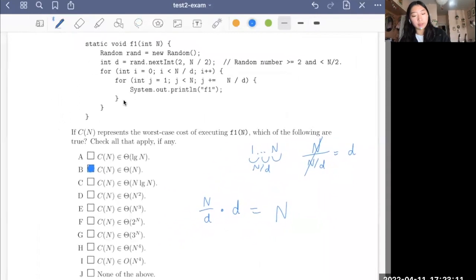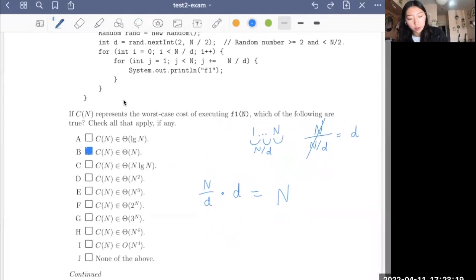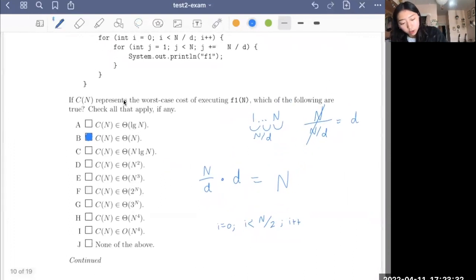So looking at the extreme options for what d could be, it's going to be somewhere between 2 and n over 2. So let's see what happens when d equals 2. Well, then we're just going to go in the outer loop from i equals 0 all the way up to i equals n over 2, right? And in the inner loop, we're going to start j at 0.